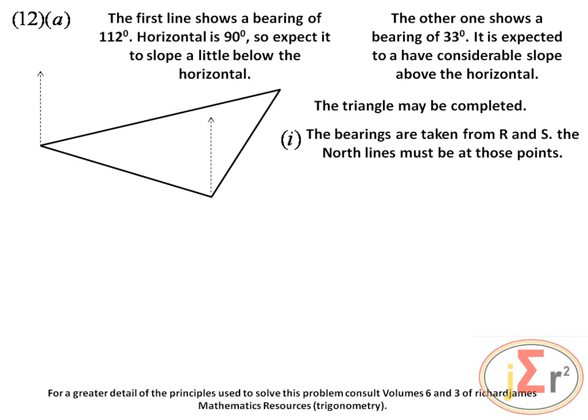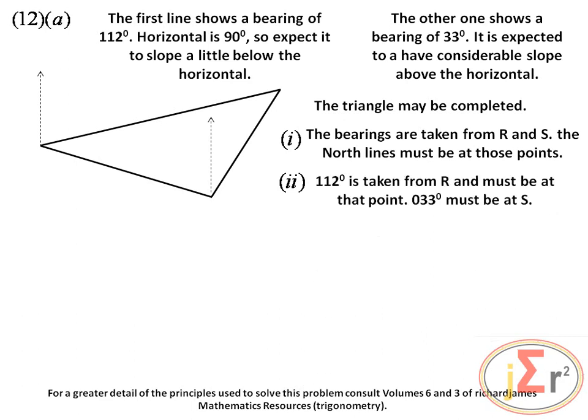So those are our north lines. The first bearing that we have is 112 degrees, and the second one is 033 degrees. 112 degrees is taken from R and must be at that point, and 033 degrees must be at S.